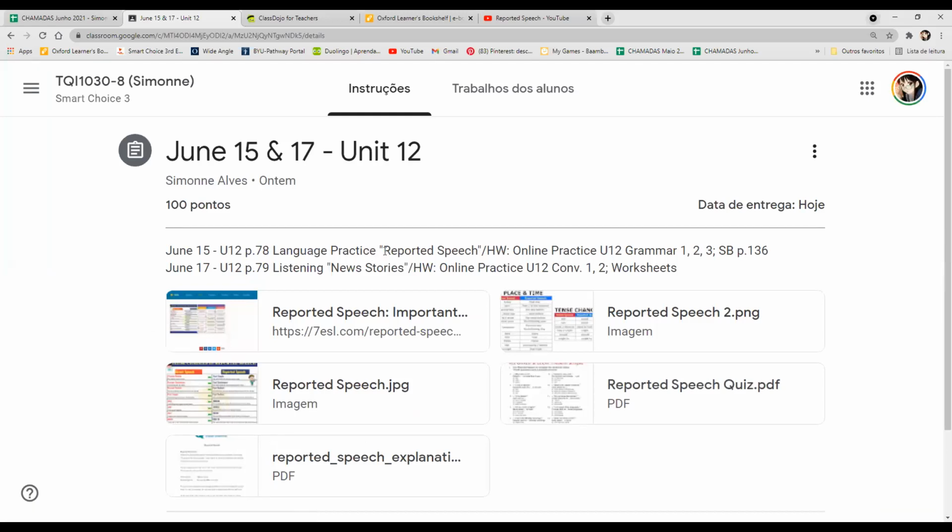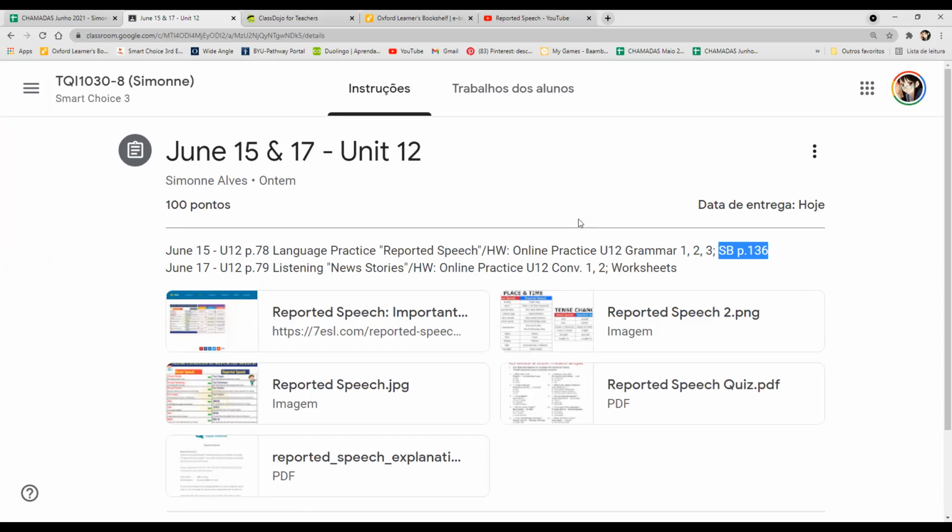Today we talked about reported speech, how we can tell someone what somebody said, okay? We saw statements and questions. And for homework, I'd like you to do online practice, unit 12, grammar 1, 2, and 3, and the student's book, page 136, which is the grammar reference from the book.